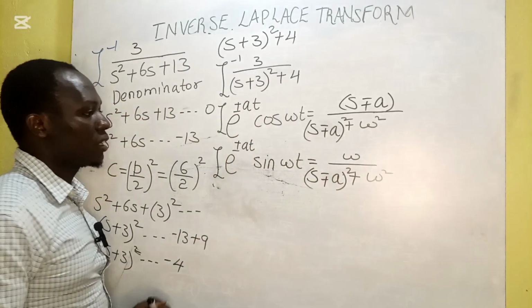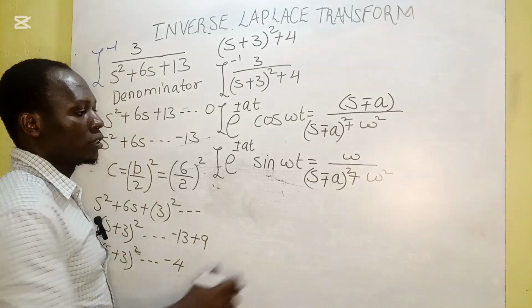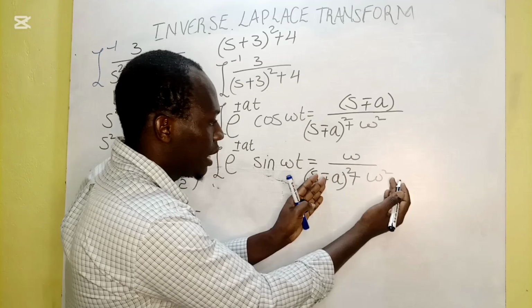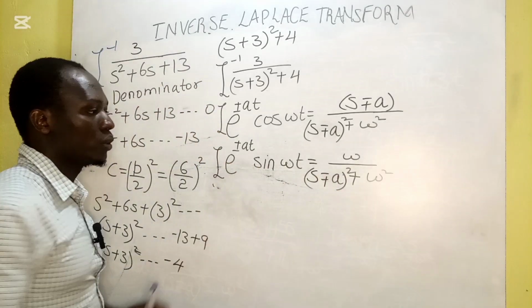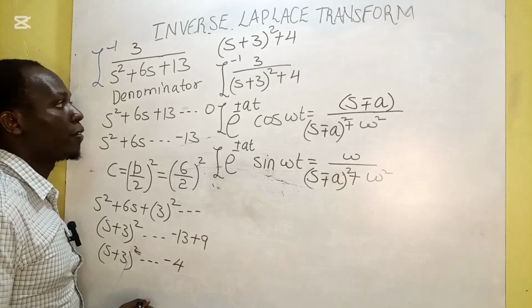We can now rewrite everything here and relate to whatever we are having on this side, because we are moving from this side, our answer, back to the Laplace transform of our function f of t.